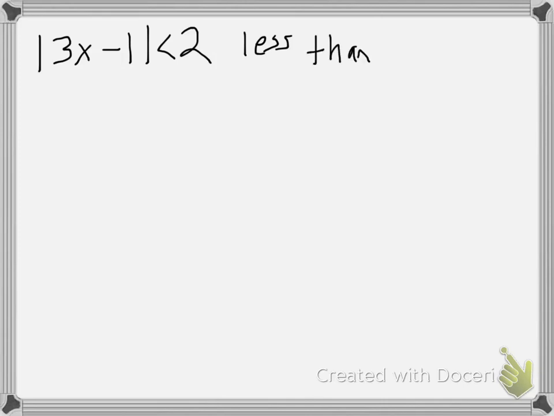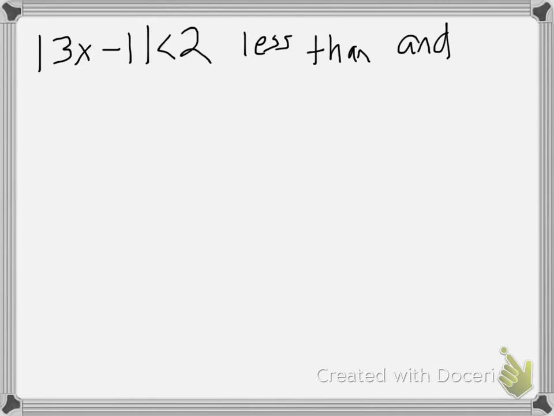So let's take a look at number 7 on your paper. We have the absolute value of 3x minus 1 is less than 2. Now, this is where I'm sort of regretting not dealing with absolute values with you guys, because there are 2 equations here. This is a less than, which is an and problem.